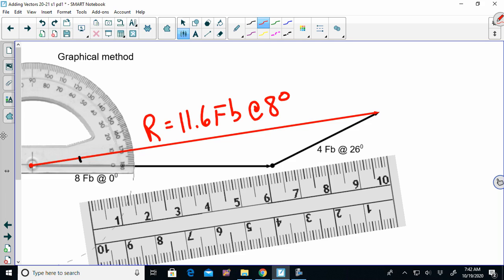So if you've got a nice big piece of paper, you can do everything. I had these vectors pre-made, so it was pretty quick. Not too bad. If you get more than 2 vectors, it becomes a little bit messy. And it depends on how accurately you draw them and how accurately you measure. So a lot depends upon your accuracy.